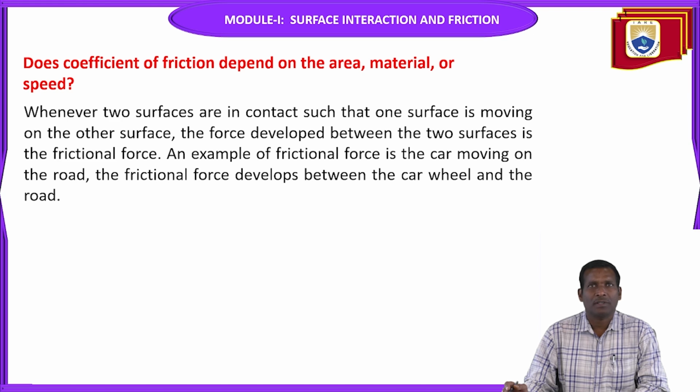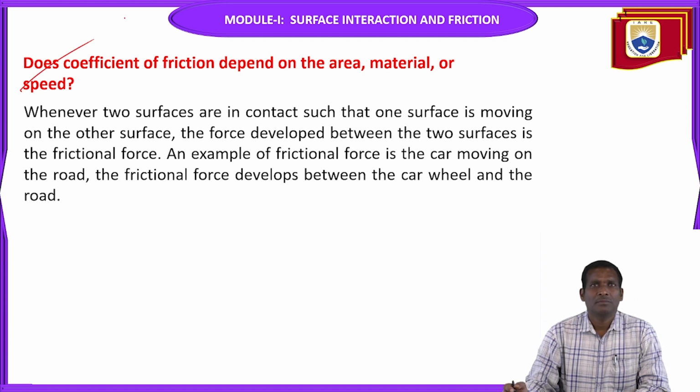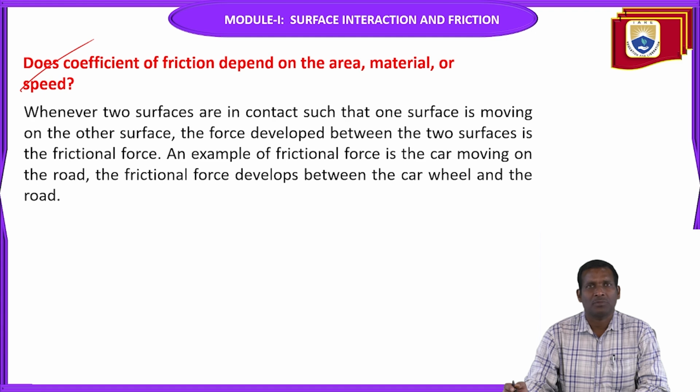Does the coefficient of friction depend on the area, material or speed? Whenever two surfaces are in contact such that one surface is moving on the other surface, the force developed between the two surfaces is the frictional force. An example of a frictional force is a car moving on the road.